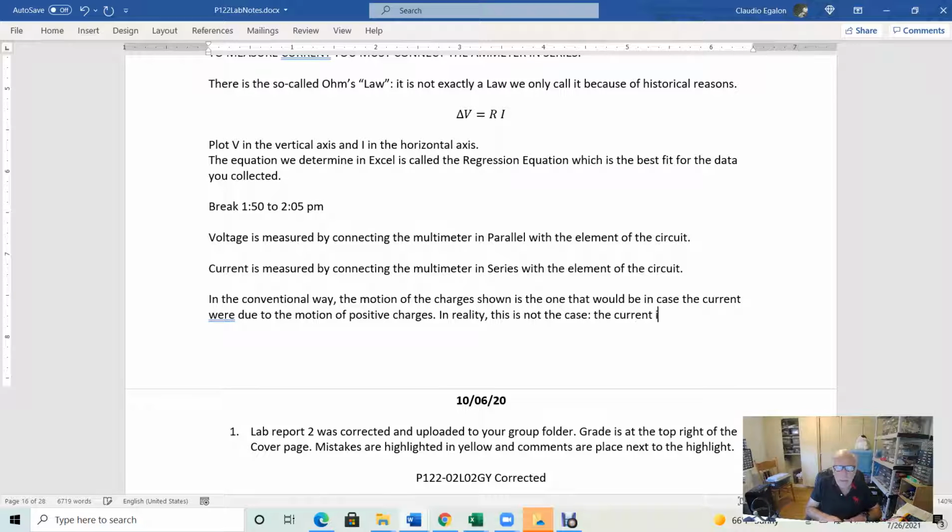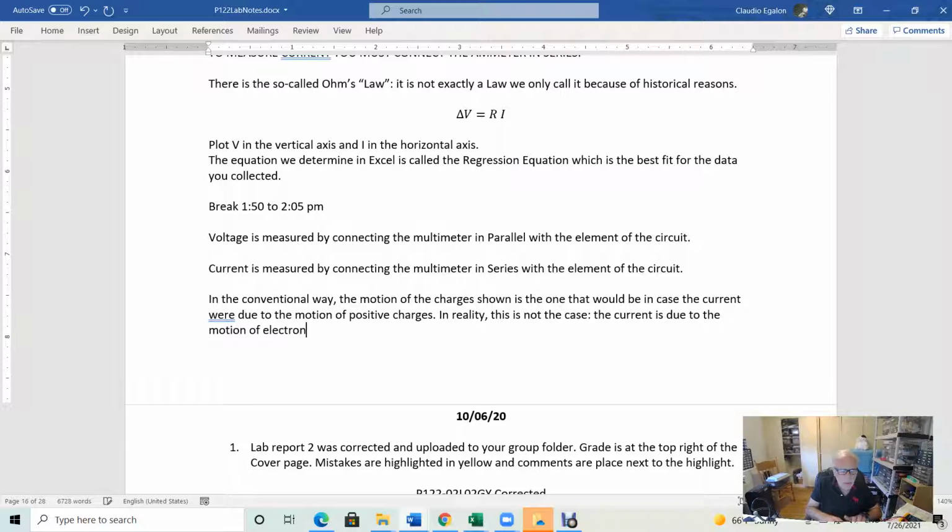The current is due to the motion of electrons, which move in an opposite direction. Keep that in mind so you don't become confused. In the opposite direction of that of a positive charge. Okay?